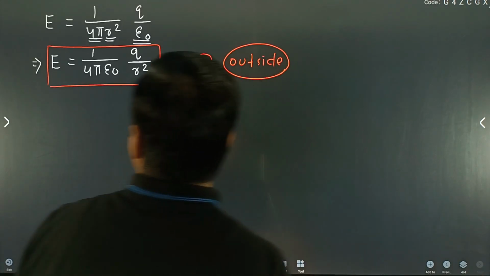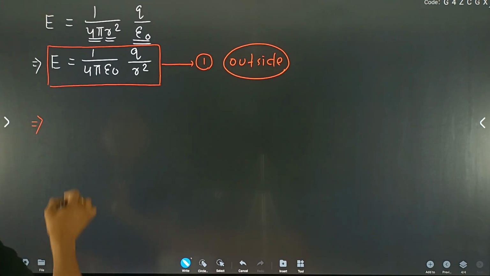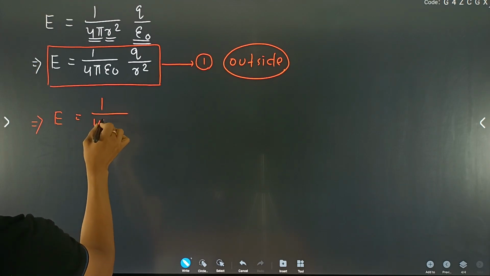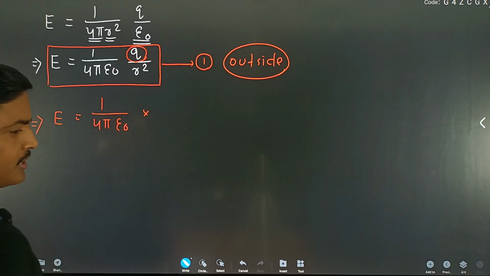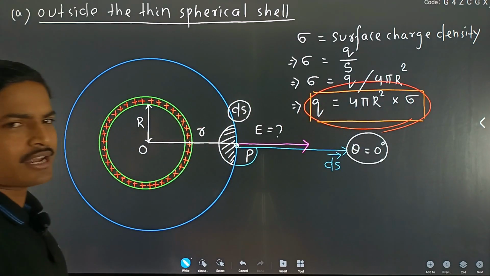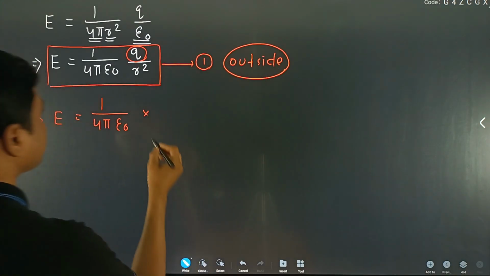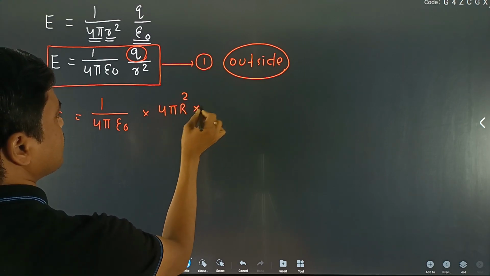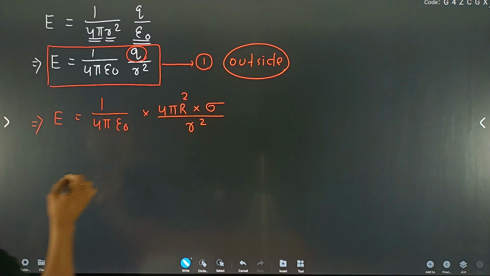Then that implies we also write electric field E is equal to 1 divided by 4 pi epsilon 0 multiplied by, what is Q? Q is the total charge, and in this case the total charge is 4 pi capital R square multiplied by the surface charge density. We write 4 pi R square multiplied by sigma, divided by small r square.